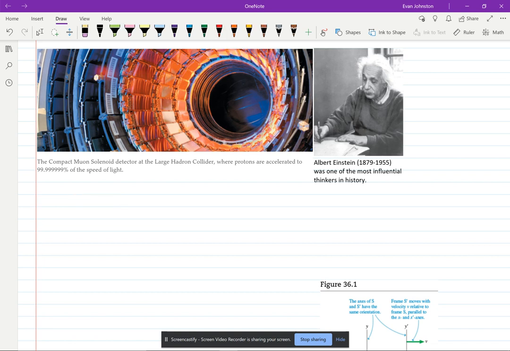His theory of special relativity is called special relativity because it works in a very special case. Special relativity only works in the case of things moving at constant velocity. It's a very special case because a lot of times things are accelerating or decelerating. So we have special relativity.